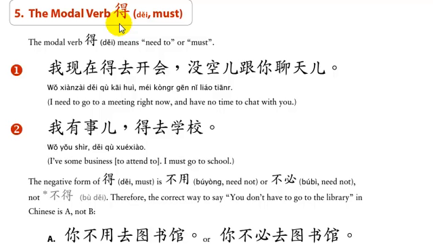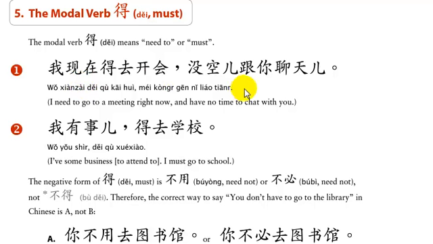Okay, we saw 得 in here. It's a modal verb. 得 means must. Let's take a look at this example. 我现在得去开会，没空跟你聊天儿。I, right now, must go to a meeting.